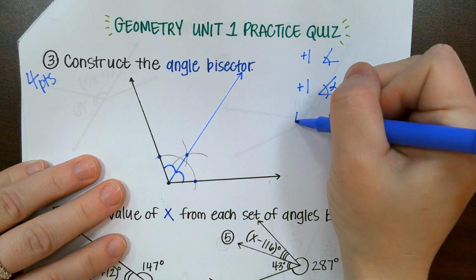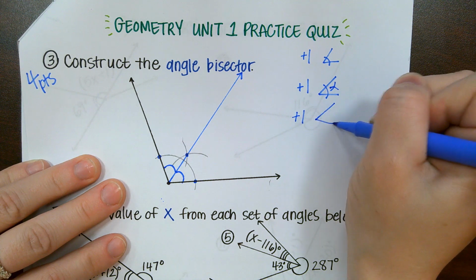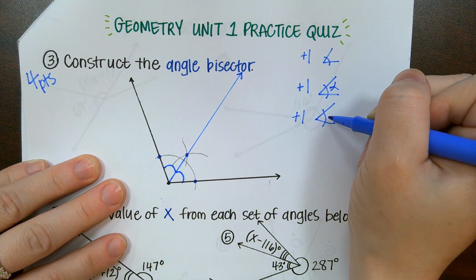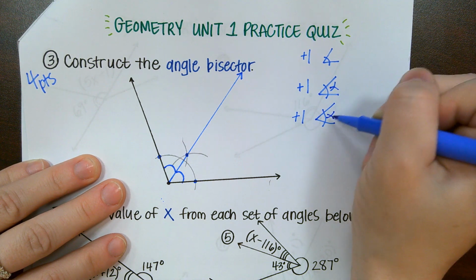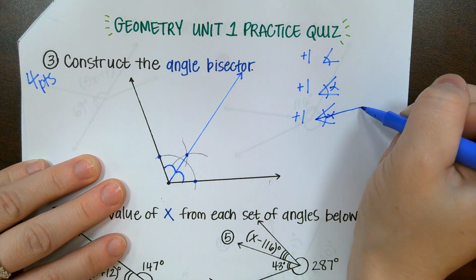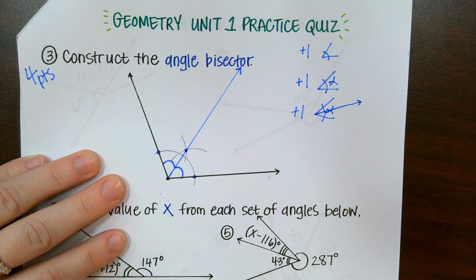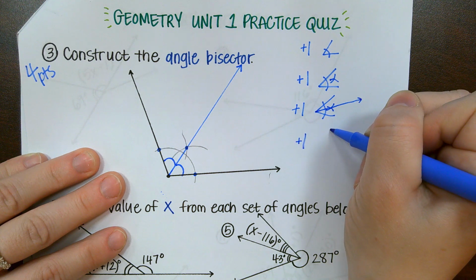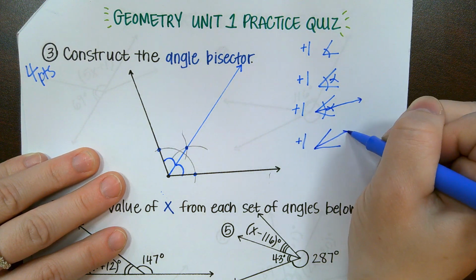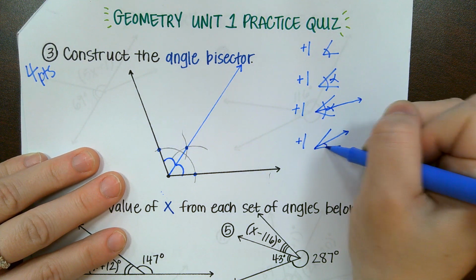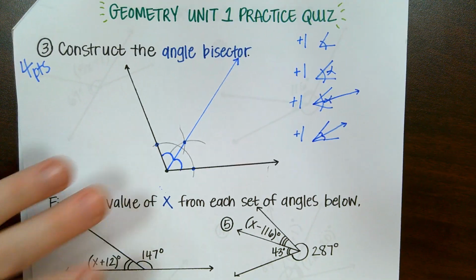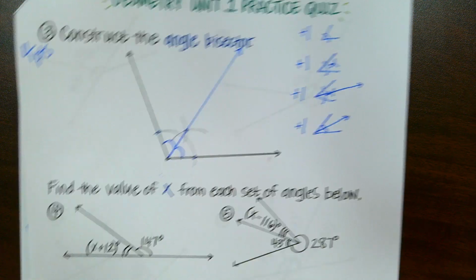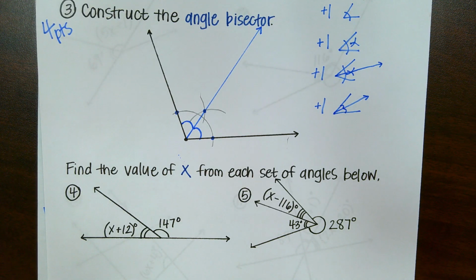You'll get another point for correctly drawing your bisector going through that intersection. And your last point will come from your proper labeling of the arcs to show that these are congruent angles. So there's your 4 points for number 3.